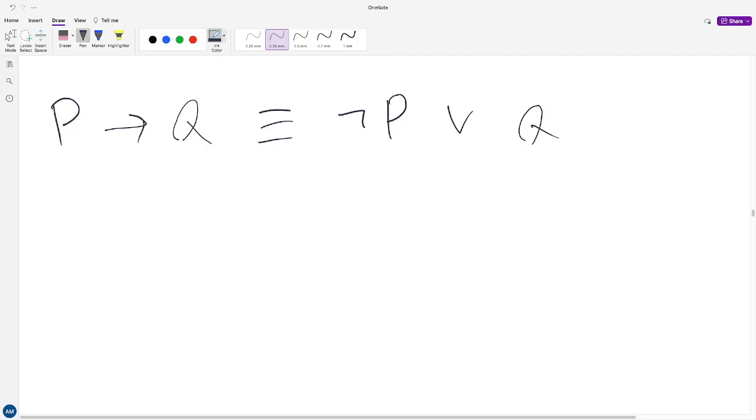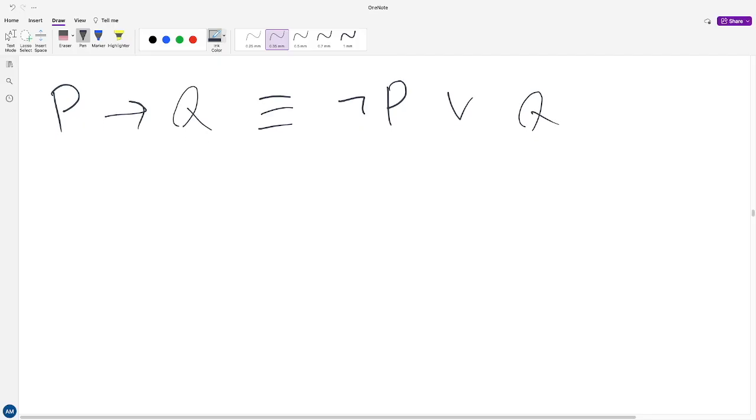This one I'm actually going to verify in a truth table because I think it's quite interesting and I want to cover it. So we have P, Q, not P, not P or Q.